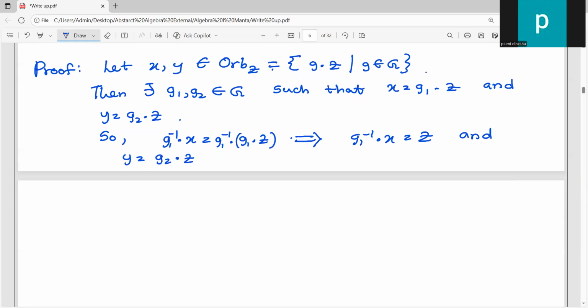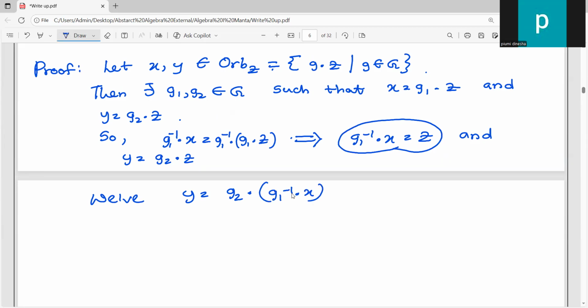Okay, what we are going to do is this z that you see over here. Now we want to find some g such that g dot x is equal to y. We are in the process of doing that. Y is equal to g2 dot z. Z we have from here to be g1 inverse dot x. So what I'm going to do is replace it by that element. This implies that y is equal to g2 g1 inverse dot x, right?